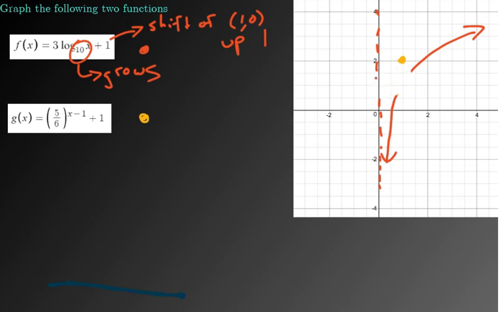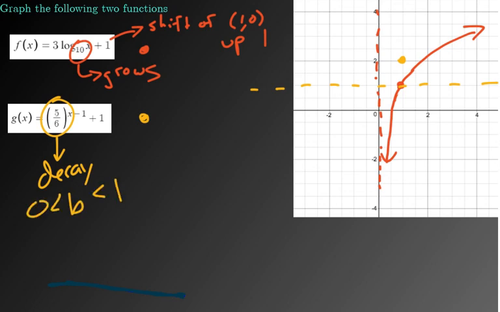So I'm just going to do that. We know that there is normally a horizontal asymptote, but because of the +1 here, right, it shifts that horizontal asymptote up 1, right? And then this thing is going to imply that there's decay, because B is between 0 and 1, the base.